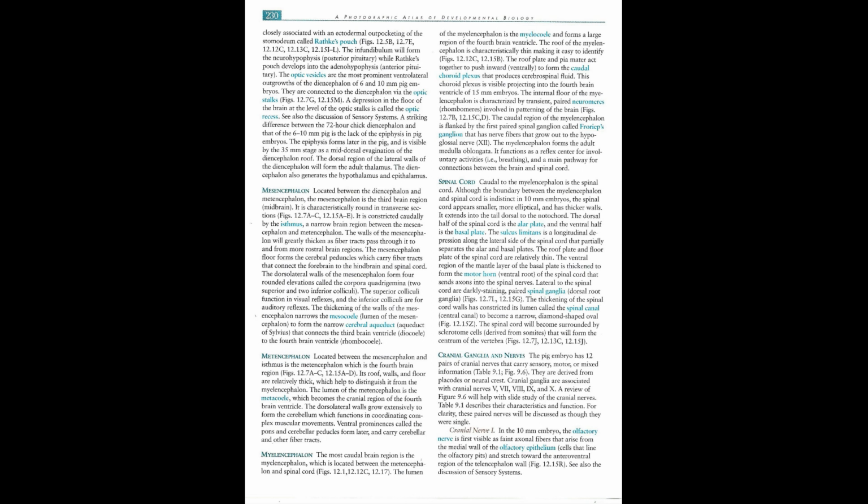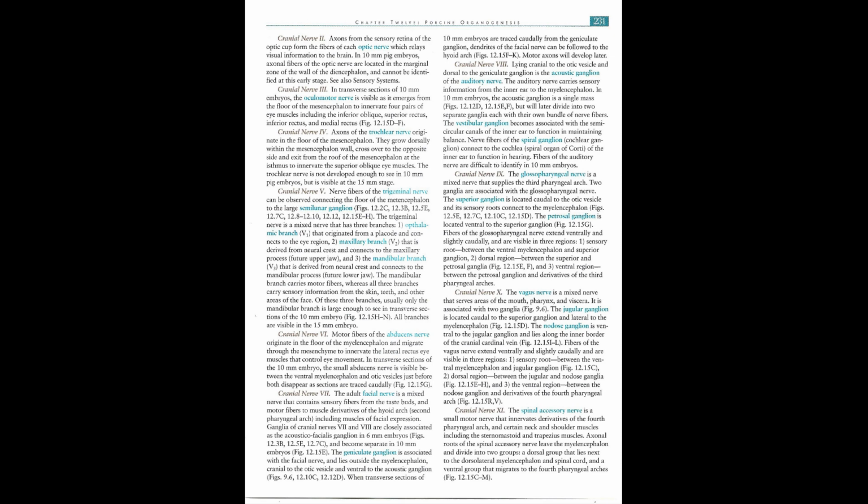Cranial nerve I. In the 10 mm embryo, the olfactory nerve is first visible as faint axonal fibers that arise from the medial wall of the olfactory epithelium, cells that line the olfactory pits, and stretch toward the anteroventral region of the telencephalon wall, Fig 12.15r. See also the discussion of sensory systems.